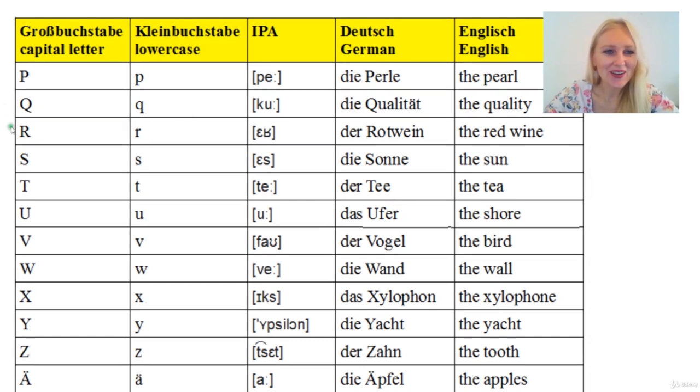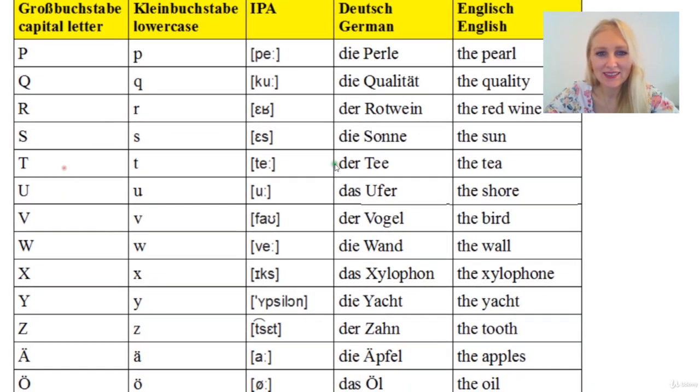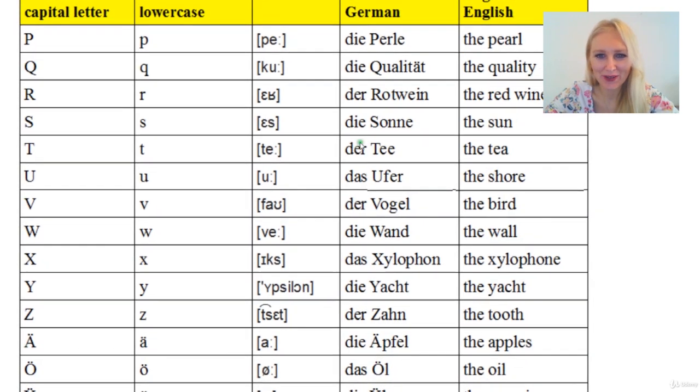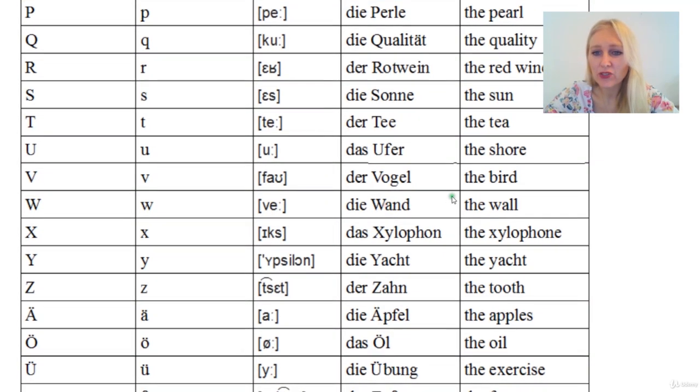Okay, so S. Die Sonne, die Sonne. T, der Tee. Okay, it's pronounced basically the same as the letter T. Okay. U, das Ufer. V, der Vogel. W, okay, we pronounce it as V, die Wand, die Wand. Okay, so we don't have something like in English, like w, like wall.